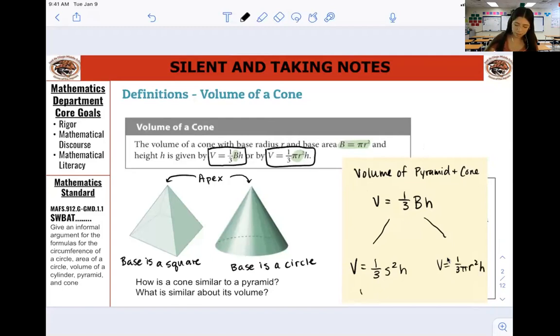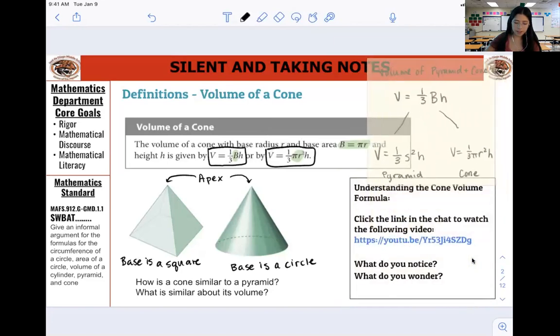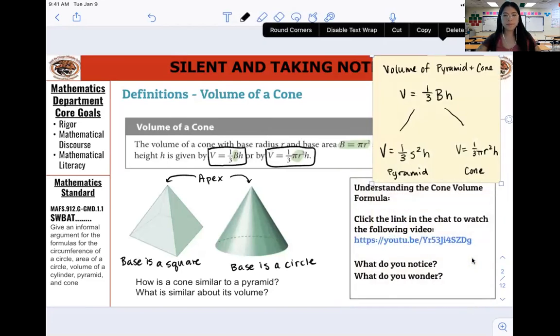All right, any questions on that? Any questions on the similarities and the differences? Cool. Now I wanted to show you a video that is a really interesting way to show where this formula actually comes from, because it seems a little bit random. Why is there a 1/3?